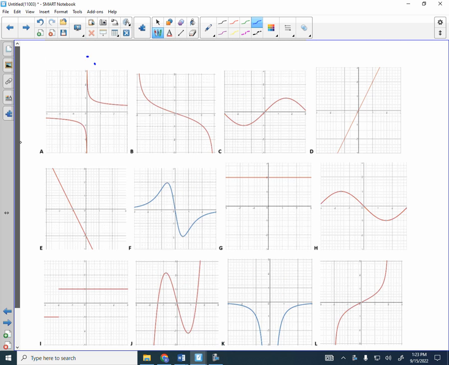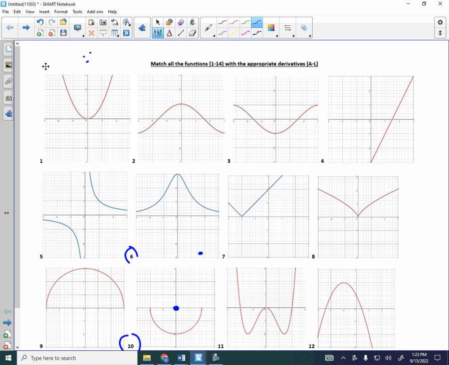Okay, folks, if we could look at problem 1, this is something we talked about. Hopefully this can make sense. What's the derivative right here? It's 0, okay? Describe the derivative here. It's negative. Describe the derivative here. It's positive.